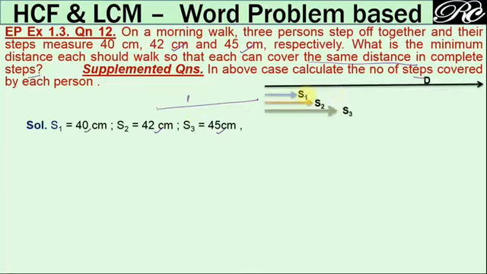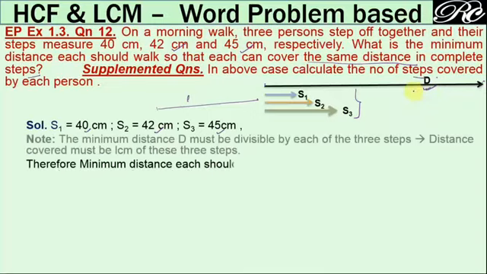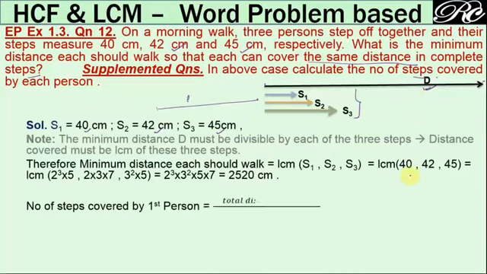Let this entire length where their steps are in multiple be D, and this is a step of first, a step of second, a step of third. Therefore the required length is higher than all the 3 individuals, and this required length should be a multiple of S1, S2 and S3. Therefore required distance will be the LCM of S1, S2 and S3. So it will be LCM of 40, 42 and 45.